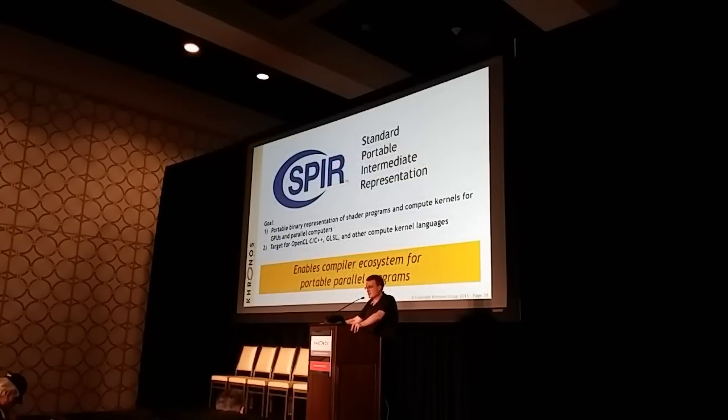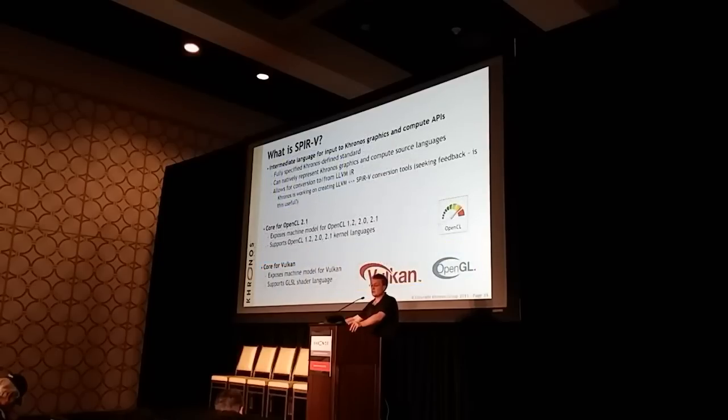So SPIR is the standard portable intermediate representation, and the idea is that it's a binary representation for graphics shader programs and for compute kernels, and to allow portable offline compilation. It's a fully specified Khronos standard. It's designed specifically to allow for conversion cleanly to and from LLVM IR, but it is not LLVM IR based.